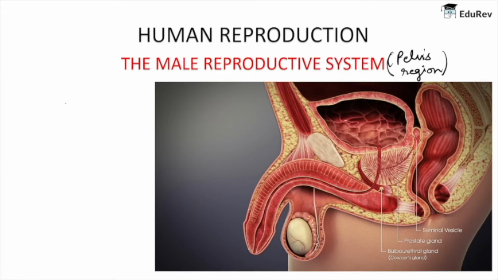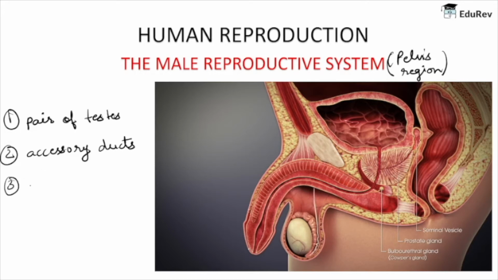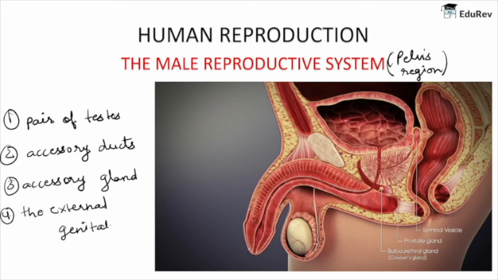The first one, the pair of testes, along with accessory ducts and accessory glands and the external genitalia, about which we are going to study in detail, all these parts or organs which comprise the male reproductive system. Now look at this image on your screen.